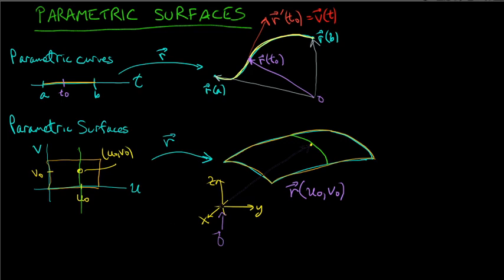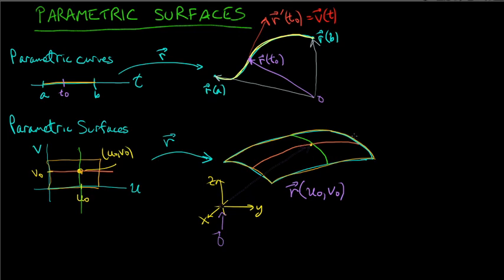Or you can have points of constant v, say v0, and those get mapped to all these points along that curve. At the intersection of the green line and the red line on the uv plane, you have your u0, v0.